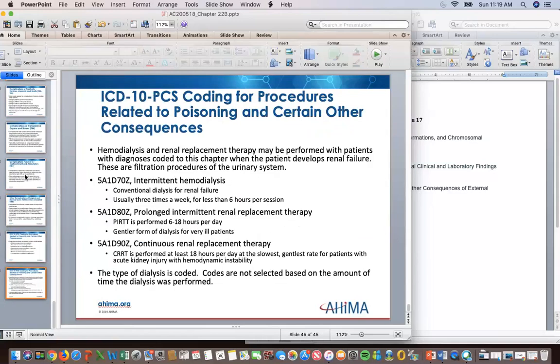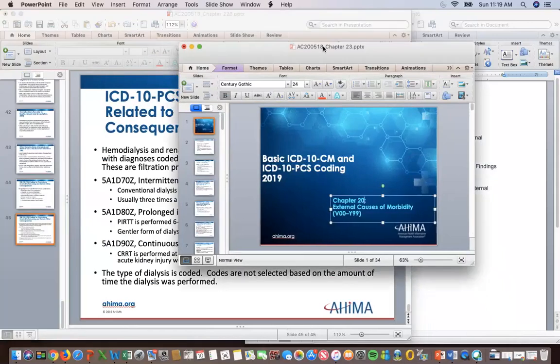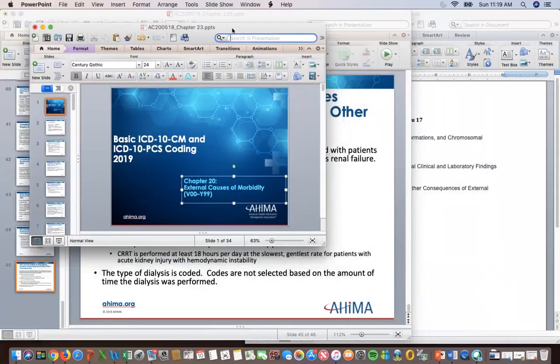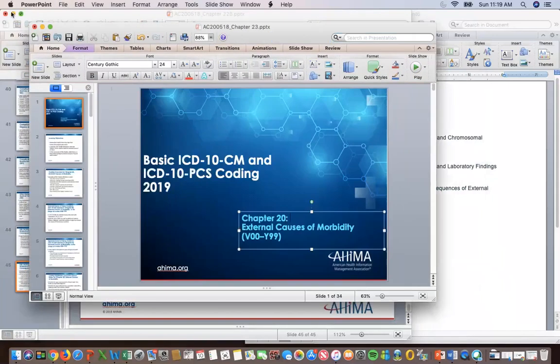They just give you a few tips on how to find those also. All right. Large chapter, but very straightforward notes of how to code out the poisonings, injuries, etc.